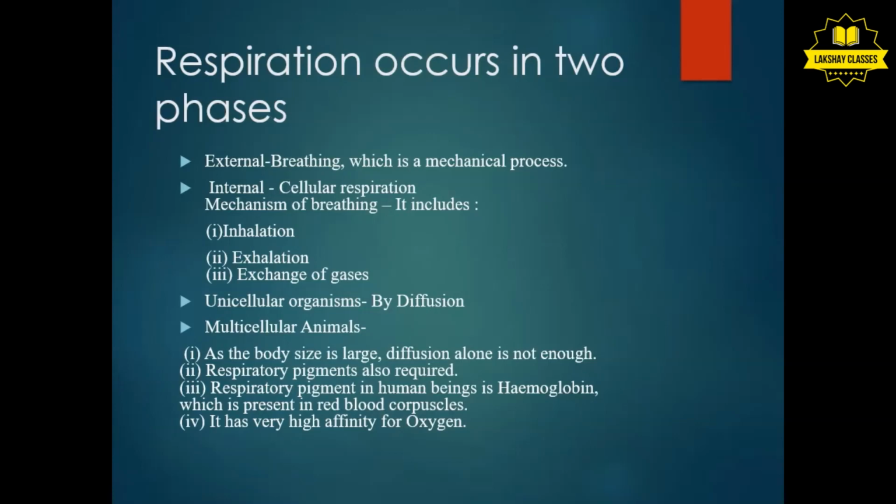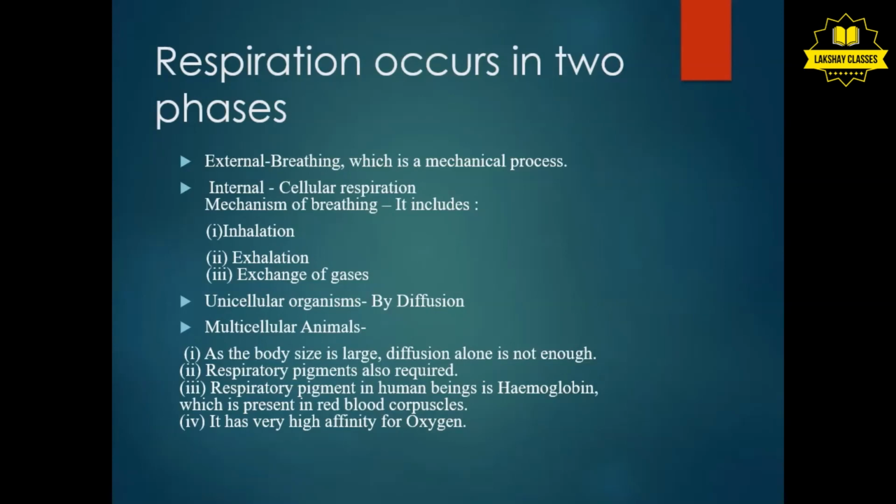So respiratory pigments are also required, and this respiratory pigment is present in the blood. The respiratory pigment is hemoglobin. Oxygen combines with hemoglobin and is then transported to different parts of the body.